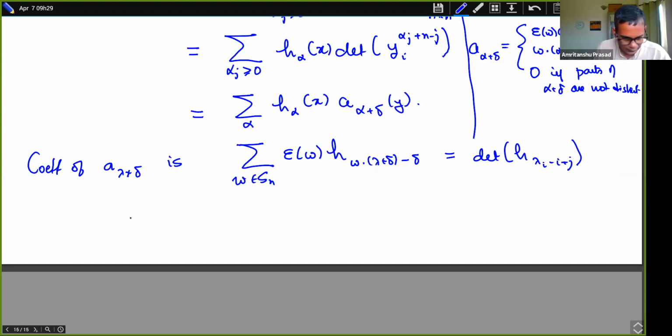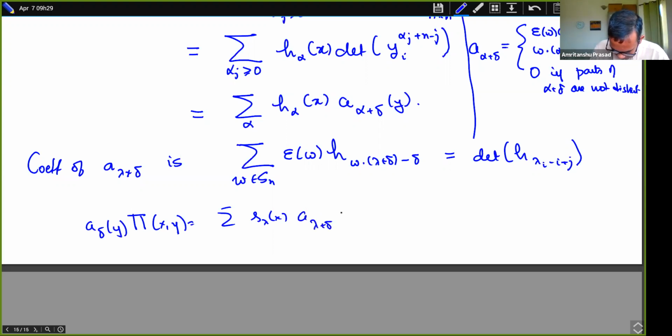So what we're saying is that the coefficient of a lambda plus delta in the product of x, y times a delta y is the Jacobi determinant. But then we also have this identity that the product is the summation of s lambda x s lambda y, and when you multiply this by a delta y, then here you get a lambda plus delta y.